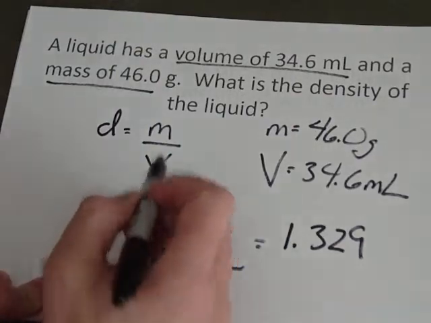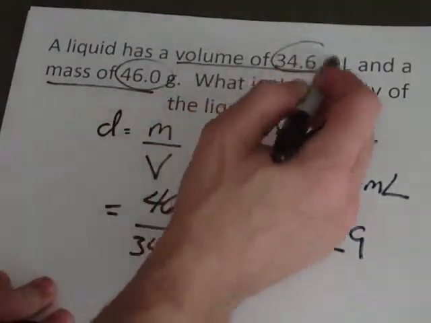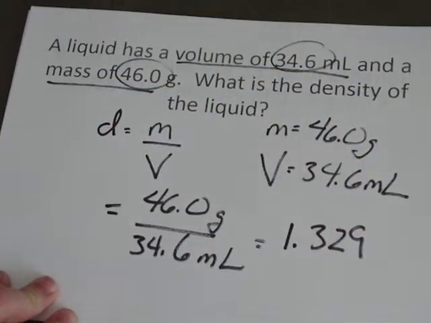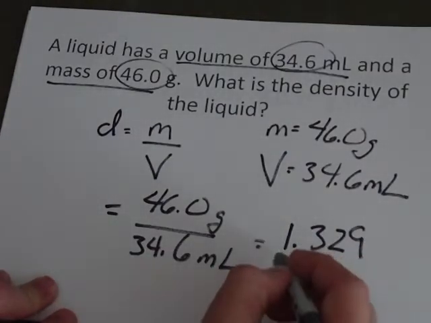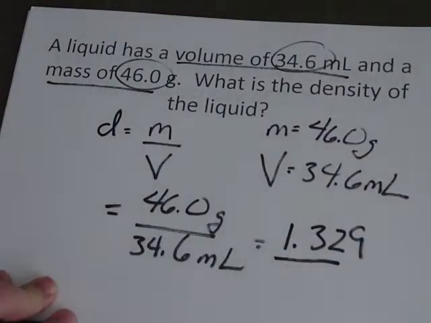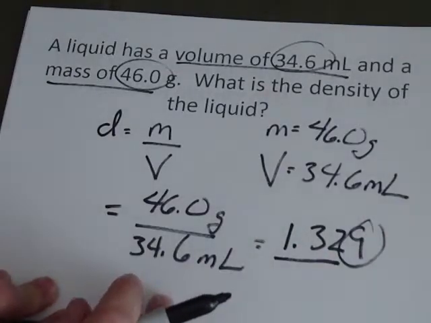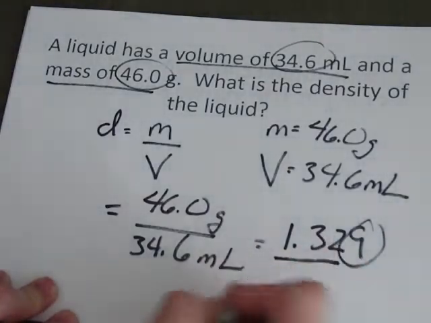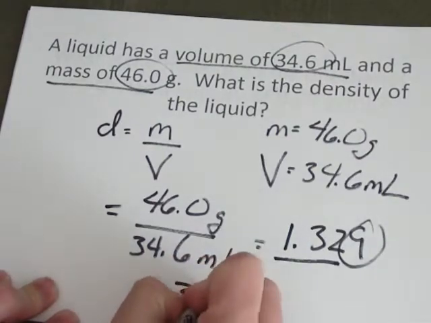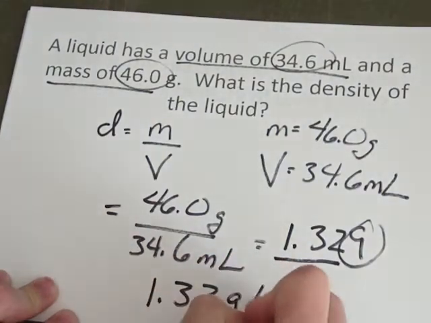And then each of these numbers has 3 significant figures, so we can only report 3 significant figures in our final answer. And so we use those 3. That number here is 5 or greater, so we can round up. So we get 1.33 grams per milliliter.